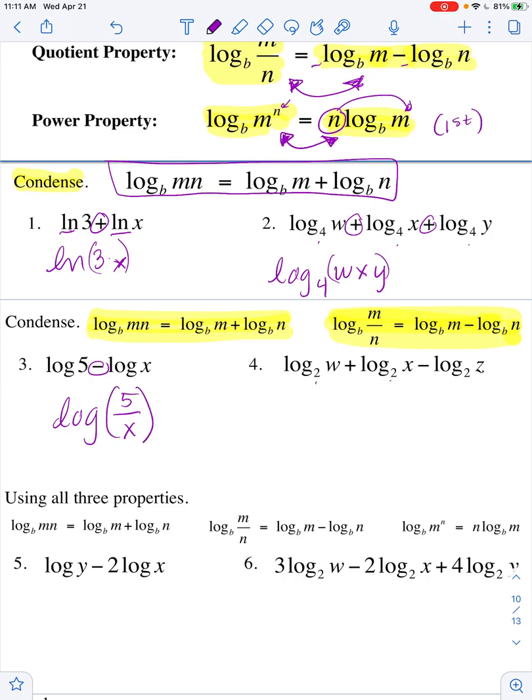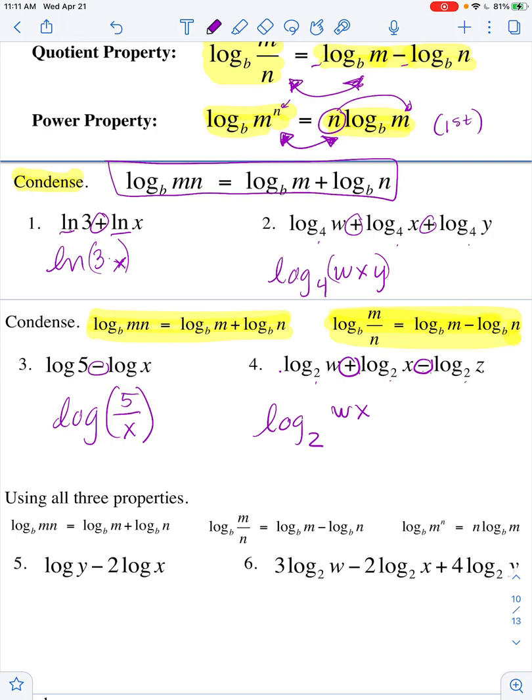These are all log base 2. I don't have any numbers in front to worry about yet, so I have to be careful as I go because here's like a variety pack. So I'm going to have log base 2. Since w is then added to the x, the w and the x will be multiplied, and more importantly, they'll both go on top because there's a positive in front.